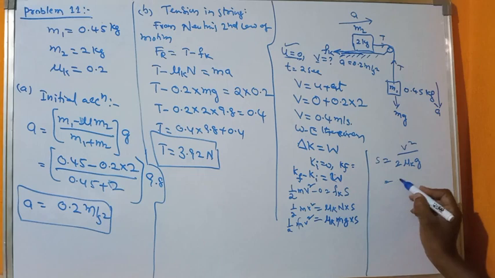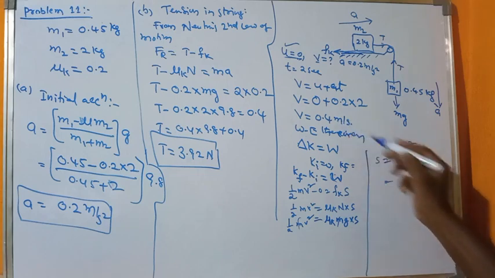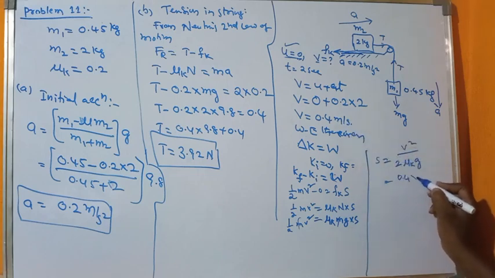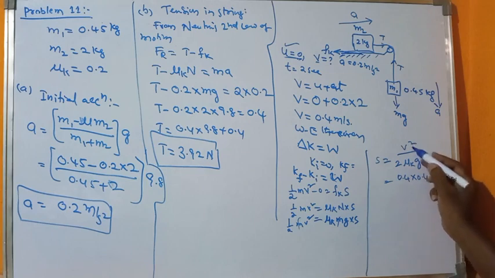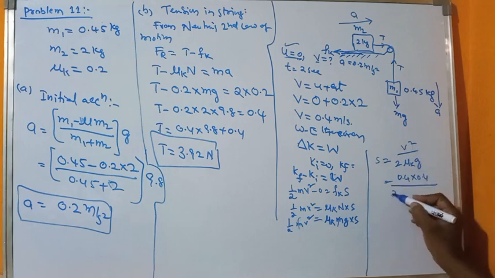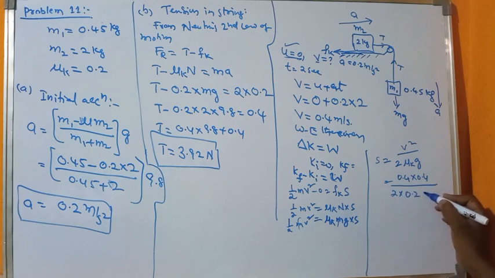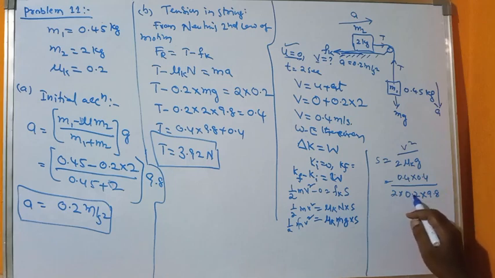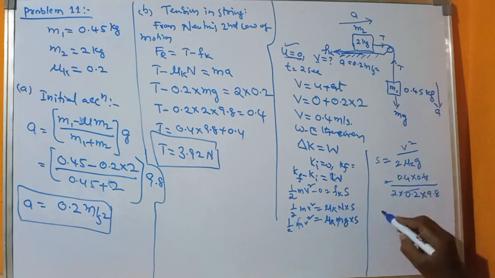So S is equal to v square, v is 0.4, so 0.4 square, over 2 into mu k, which is 0.2, into g, which is 9.8. So 2 into 0.2 is 0.4, and these two cancel.